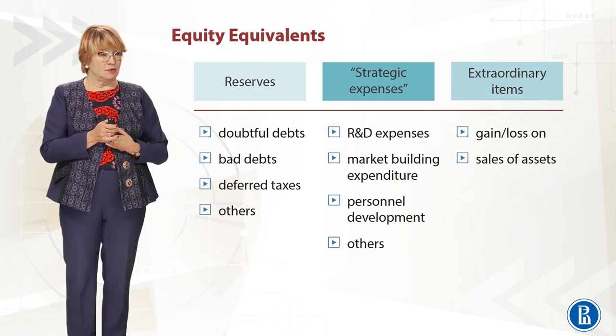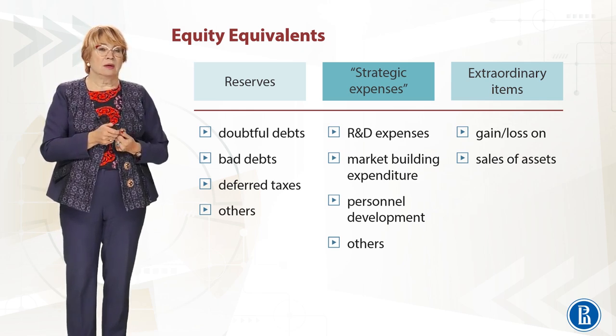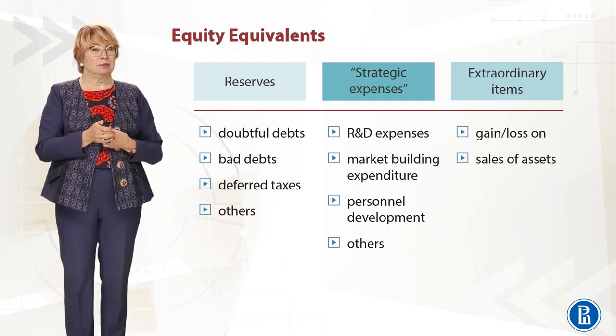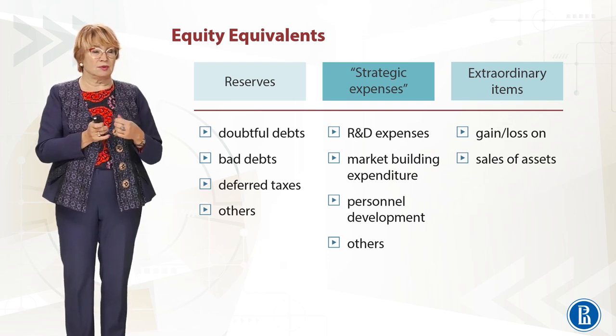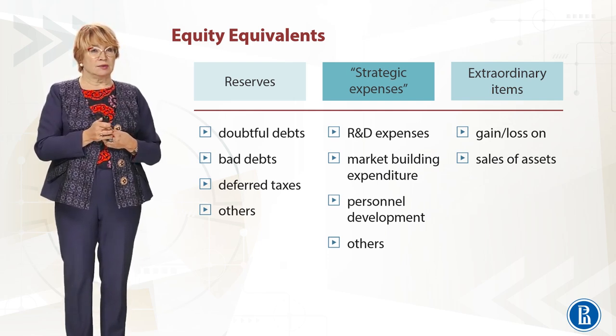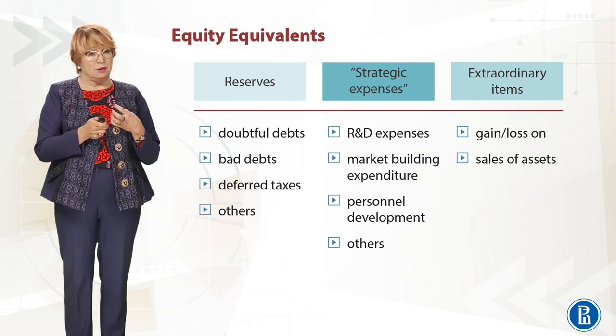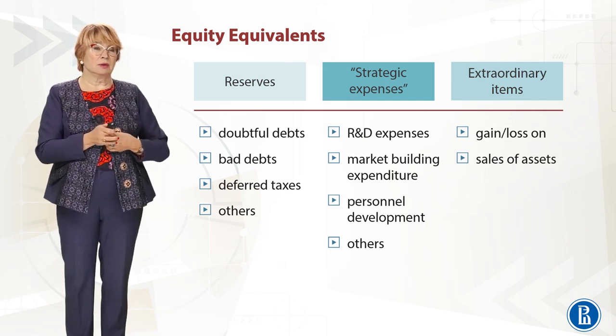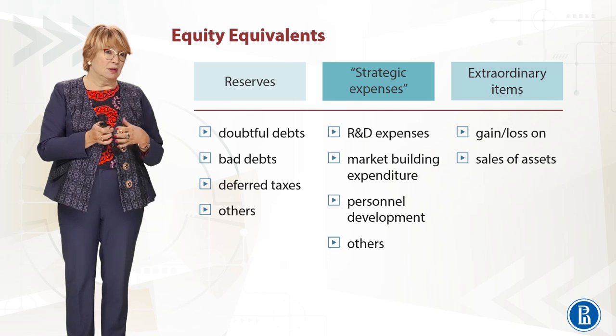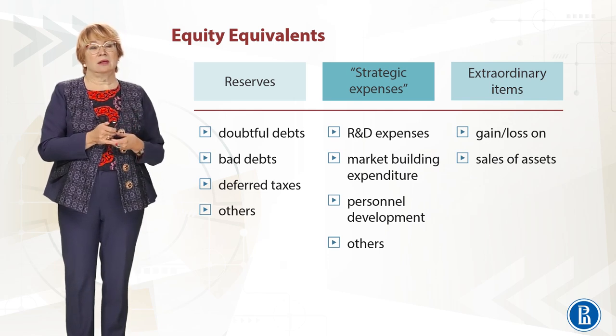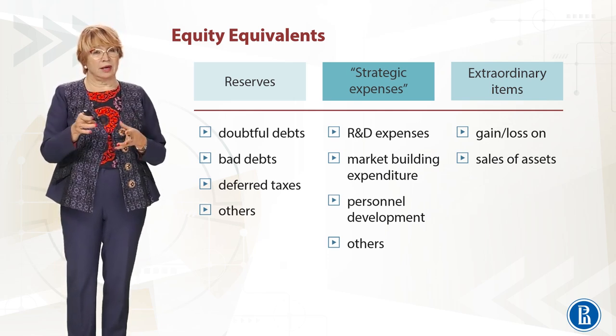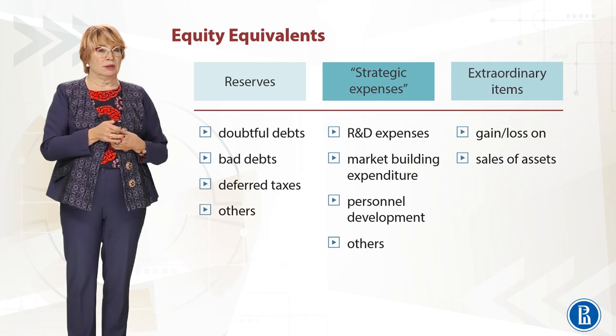Imagine doubtful debts and bad debts. There is, of course, some difference between these two types of debts of your clients. This is the result of accrual-based accounting, as you know, because you still didn't get money for some products that you already delivered to your clients.